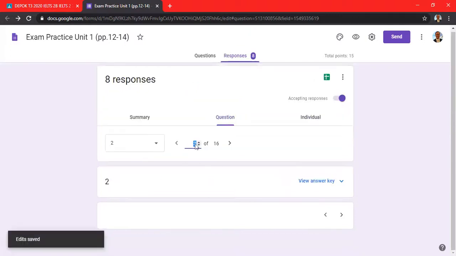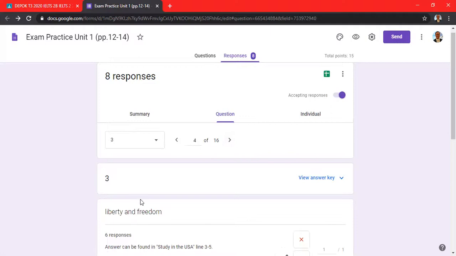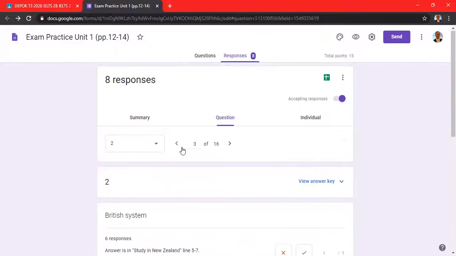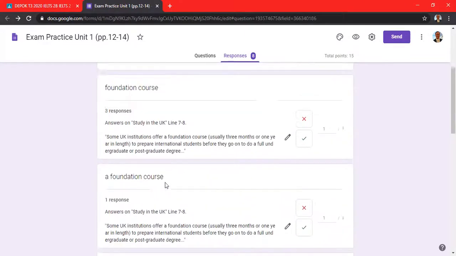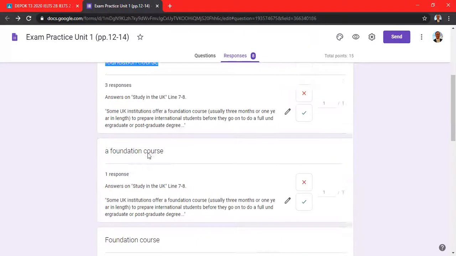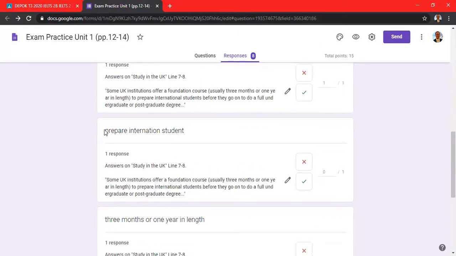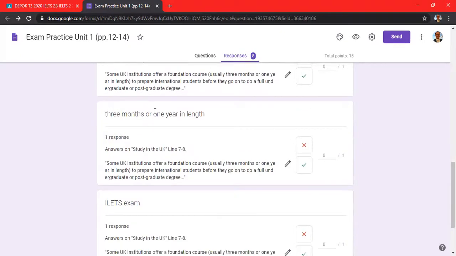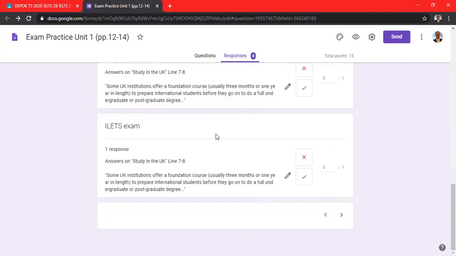Number 2, foundation course, correct. Prepare international students, that's incorrect. 3 months or 1 year in length. 1, 2, 3, 4, 5, 6, 7 words. Well, the requirement says that you need to answer with no more than 3 words, so obviously incorrect. IELTS exam also incorrect.